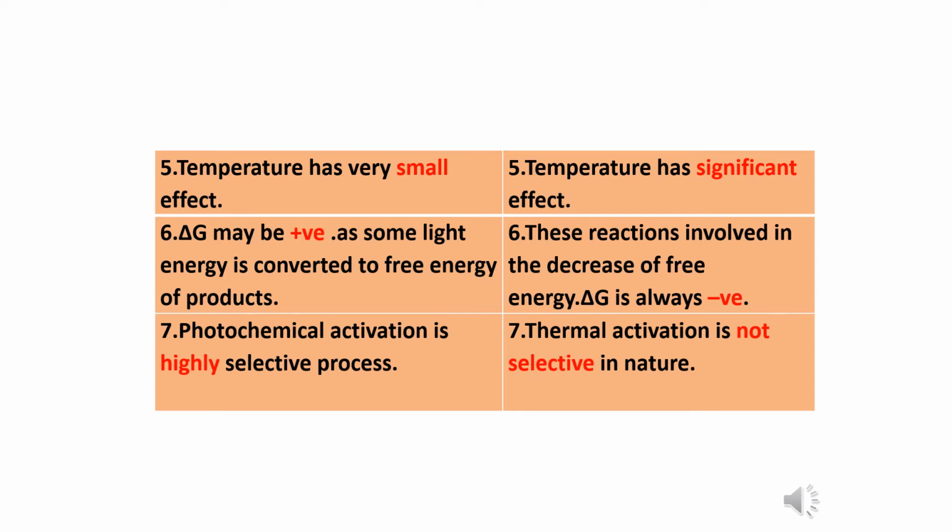And another one, delta G means free energy of products minus free energy of reactants. In the case of photochemical reaction, it may be positive as some light energy is converted to free energy of products. So free energy of product is greater than free energy of reactants. But thermal reactions involve a decrease of free energy.